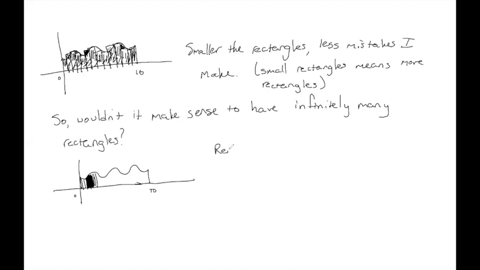Now remember, when we're saying this, n is the number of rectangles. So let's let n go to infinity. And how do we deal with stuff going to infinity? That's exactly right. Limits.